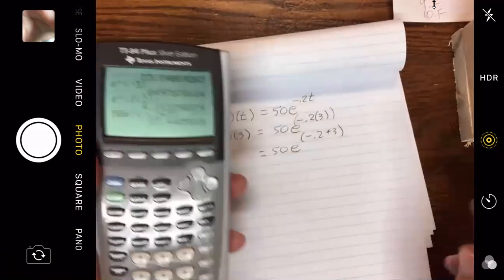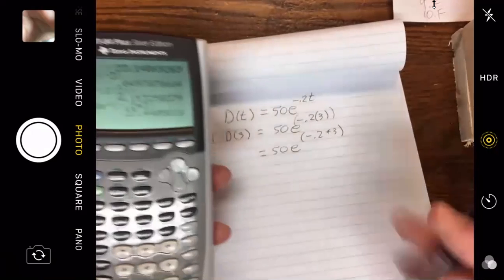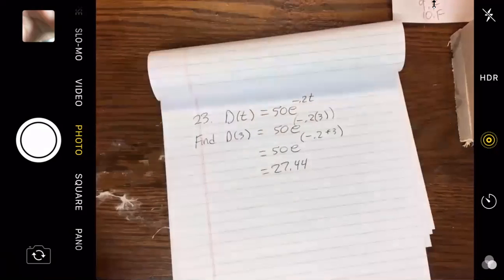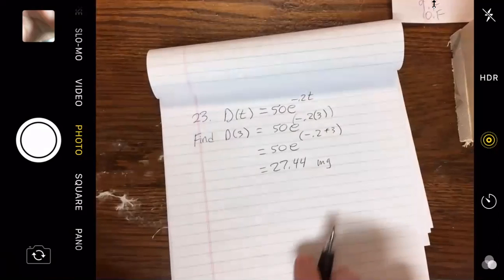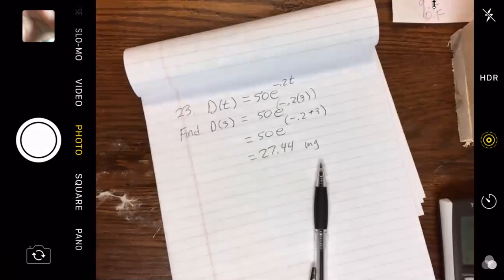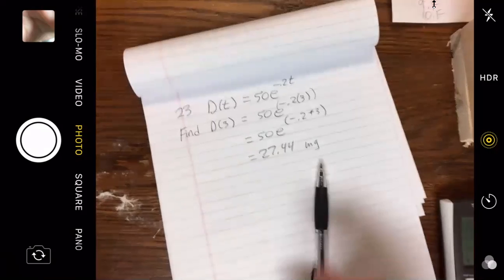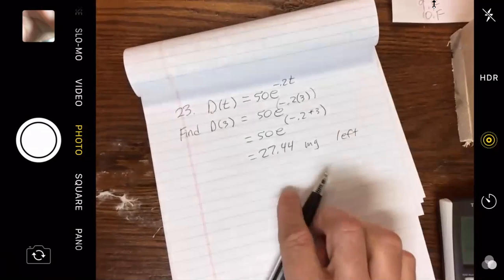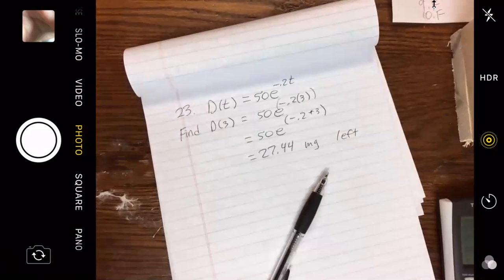Looks like it's 27 milligrams left. 0.44, is it milligrams or grams? Probably milligrams. You don't have to know that. And this is not science class. We're not big on units. But there's that many milligrams left after 3 hours. I think the point being that there's that much left in the bloodstream and the rest of it's been absorbed, presumably to tackle whatever medical problem this patient had.